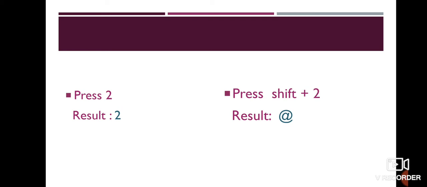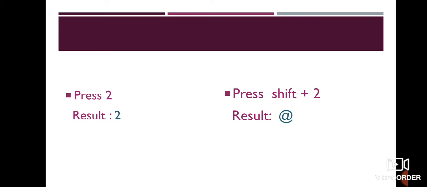But if I press the shift key and the number key 2 both at the same time, then the computer will type the symbol that is over 2. You can see the symbol over 2 on your keyboard, that is ampersand. So the result is that symbol.